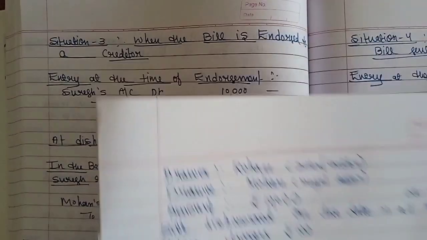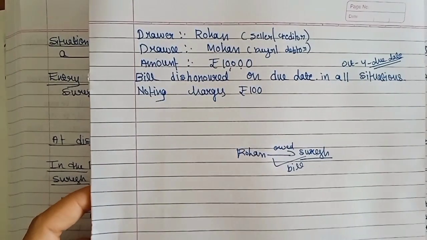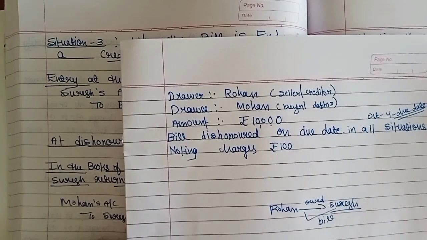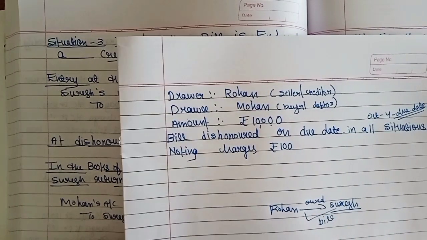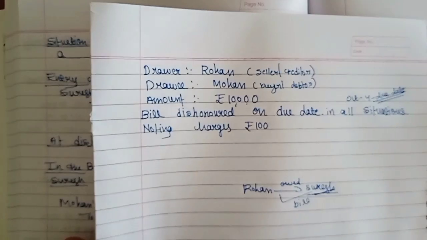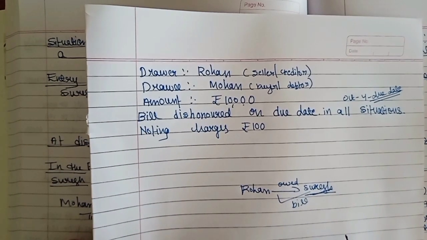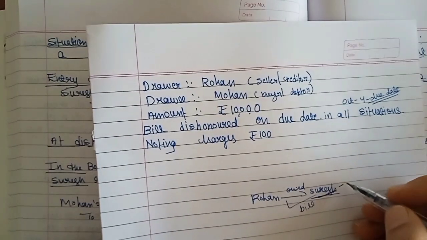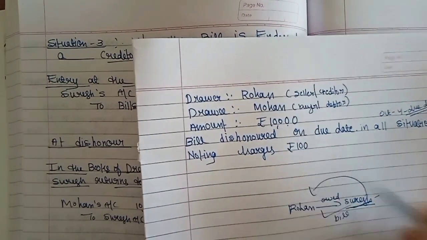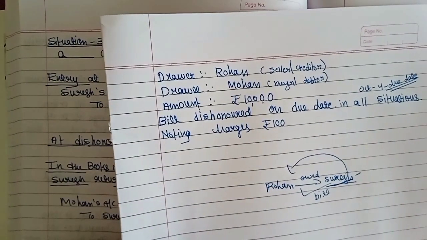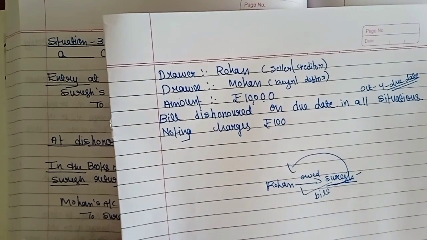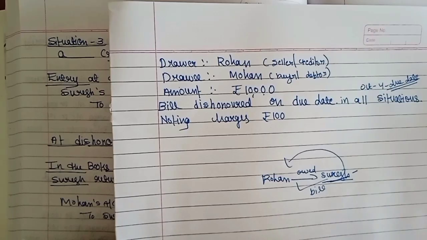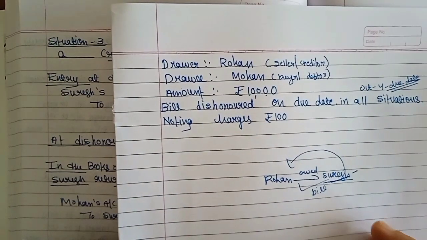But what happens on the due date? On the due date, Mohan fails to pay the bill amount. Now in that case, Suresh will not keep the bill because he does not want to keep the loss with him, and he returns the bill to Rohan again.